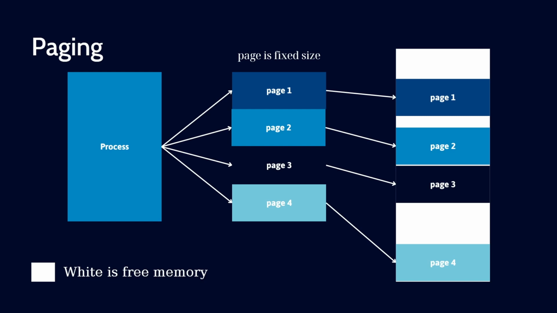Paging process. Allocation. When a program requires memory, pages are allocated to it from any available frames in physical memory. Address translation. The operating system uses the page table to map the logical addresses used by the program to physical addresses in RAM.